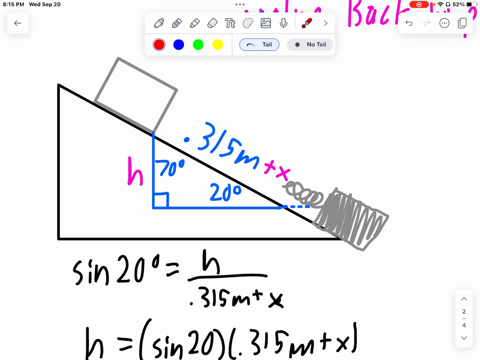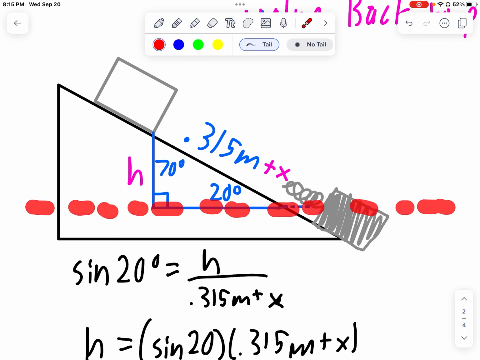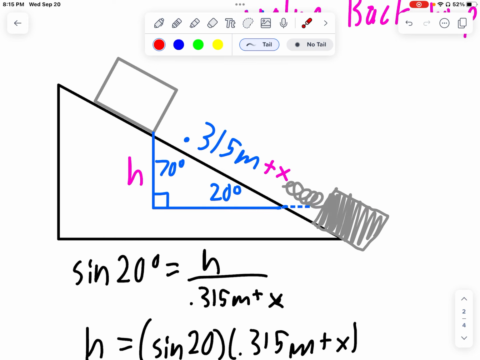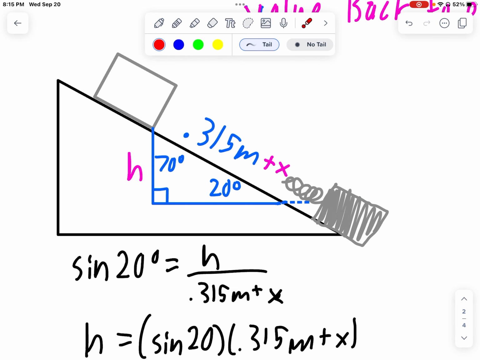If we call the position where the block is no longer moving, at equilibrium, the point of reference, then from where the block starts to where the block ends is the height.